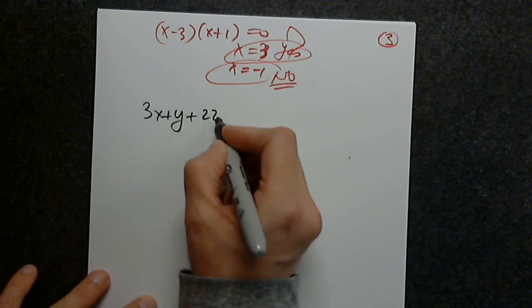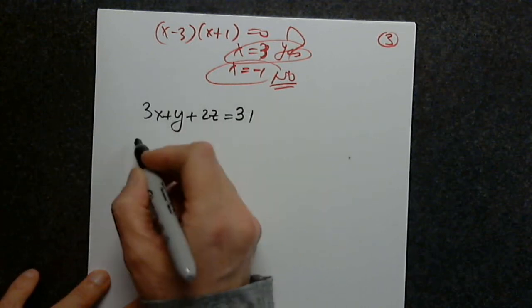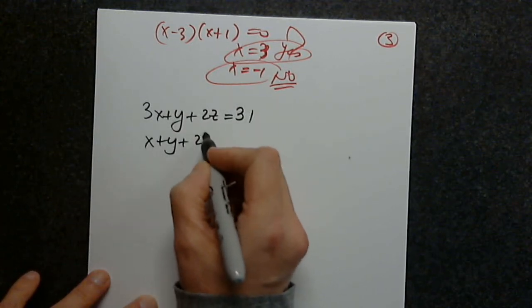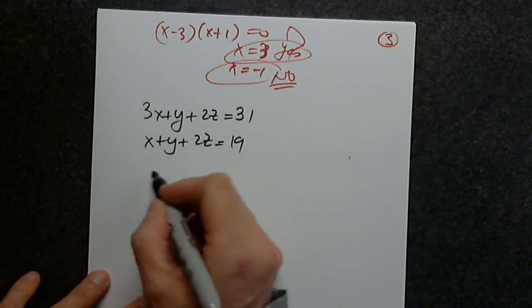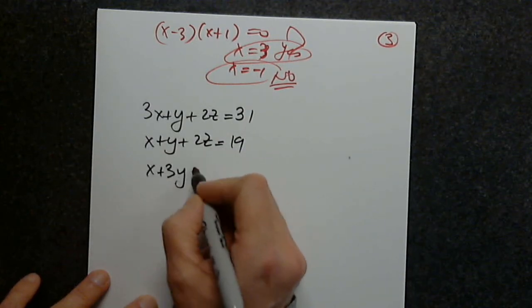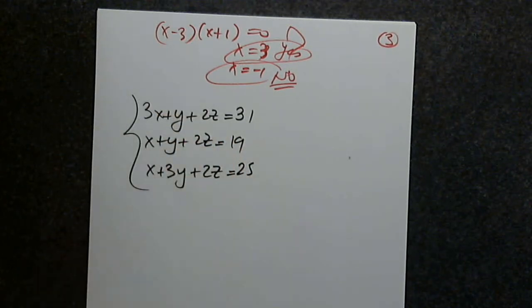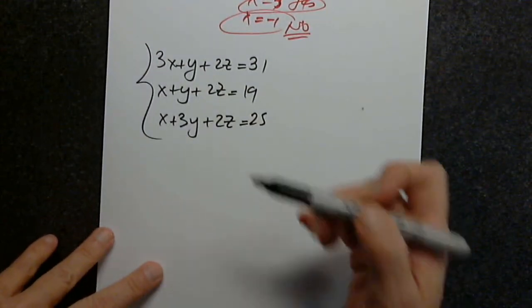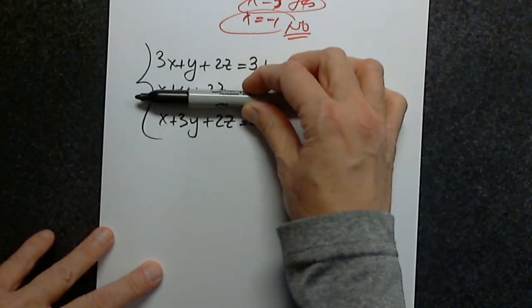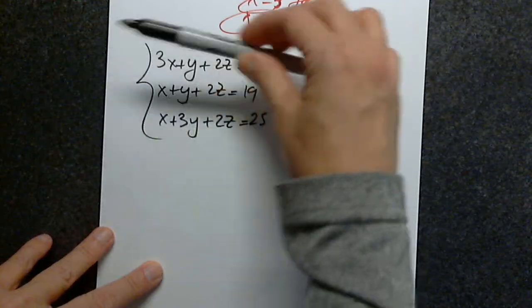3x plus y plus 2z equals 31, and x plus y plus 2z equals 19, and x plus 3y plus 2z equals 25. Okay. I already see that it's wise to swap these two.